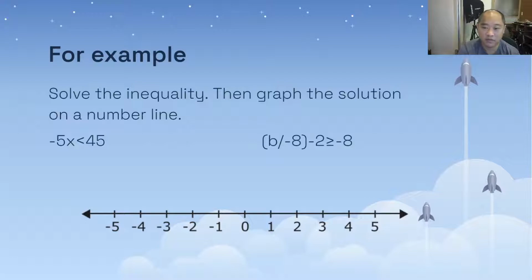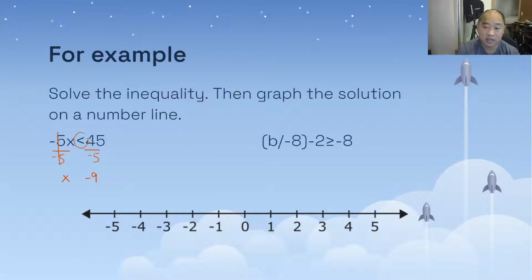So let's solve the inequality, then graph the solution on the number line. Let's do the first one in this funny orange color, this burnt orange color. Kind of a pumpkin-y fall color, the color of leaves changing. Okay, so if we want to divide this by negative 5, then on this side we'd have just x, right? And then on this side, we would have negative 9.